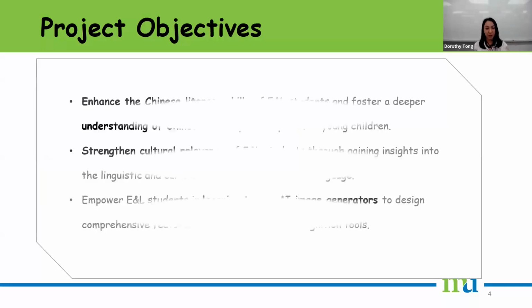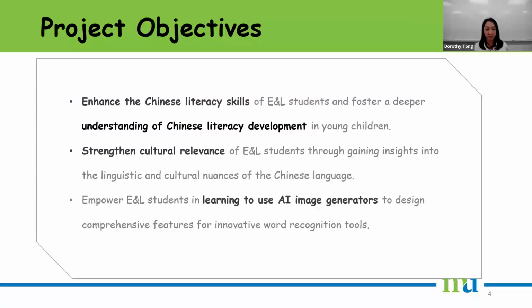To share with you some of our project objectives, we hoped to allow our students from the School of Education and Languages to come together. Through this project, we want them to learn more about Chinese and the roots of Chinese characters, to enhance our students' Chinese literacy skills by developing a better understanding of Chinese literacy development in young children.